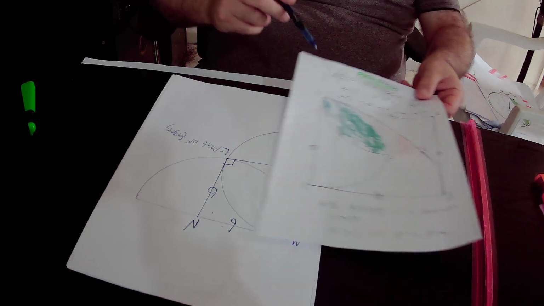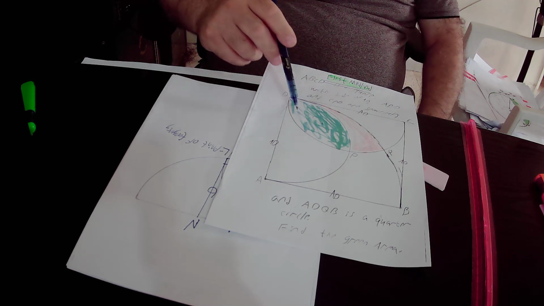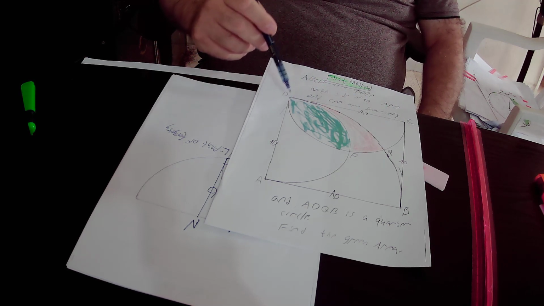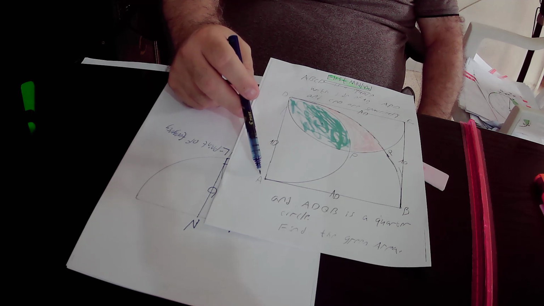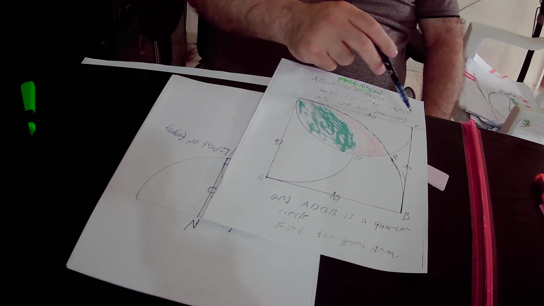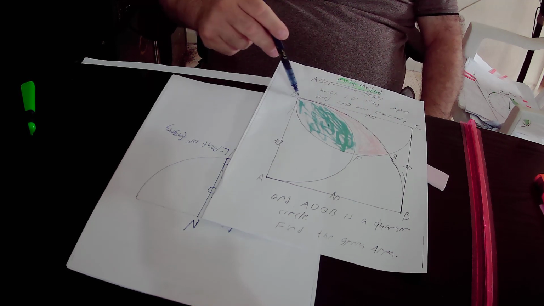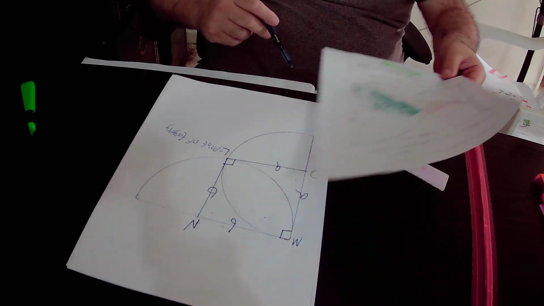And we know that the quarter circle is perpendicular to this semicircle. This angle equals 90 degrees. This is the leg of the quarter circle that is perpendicular to the leg of this semicircle. This angle equals 90 degrees.